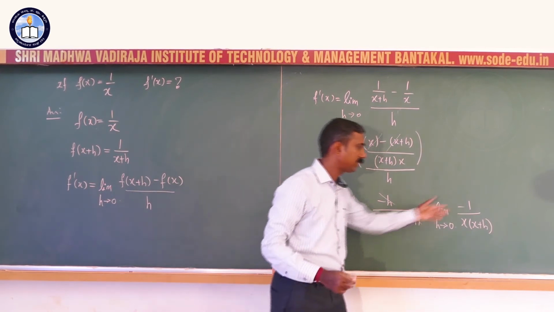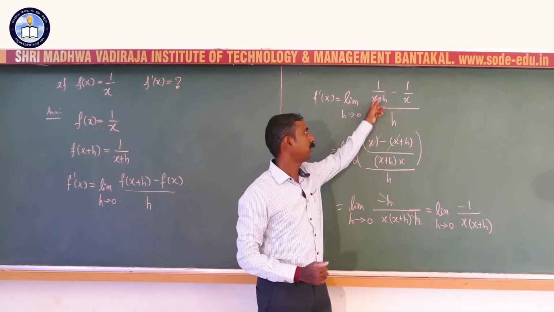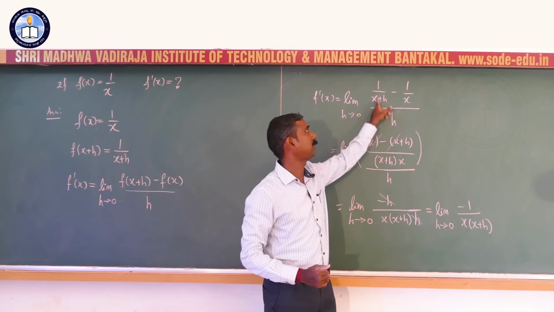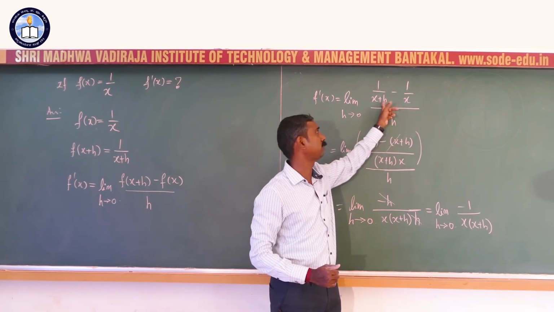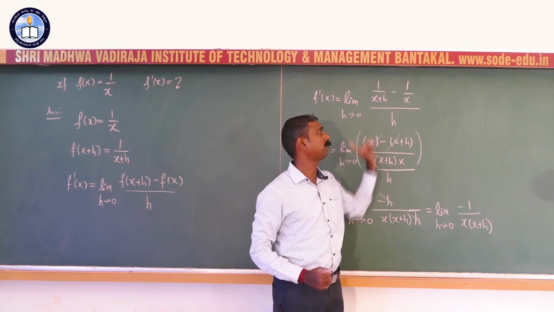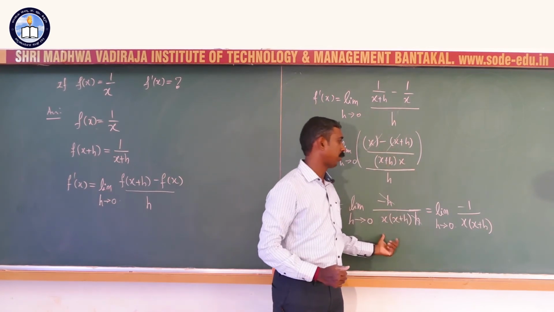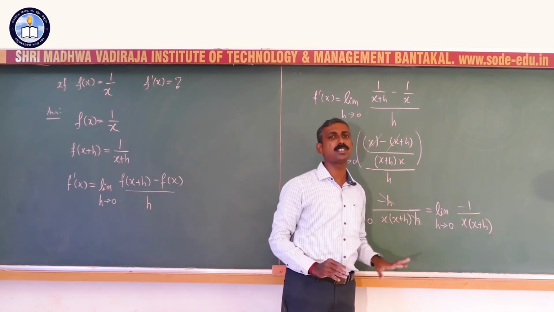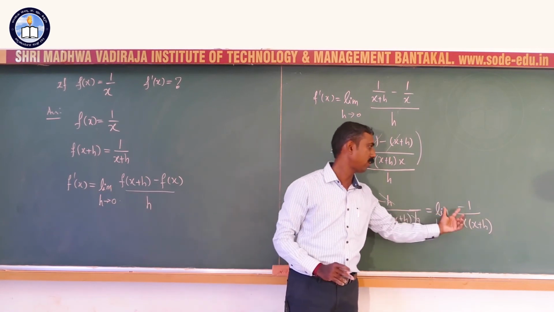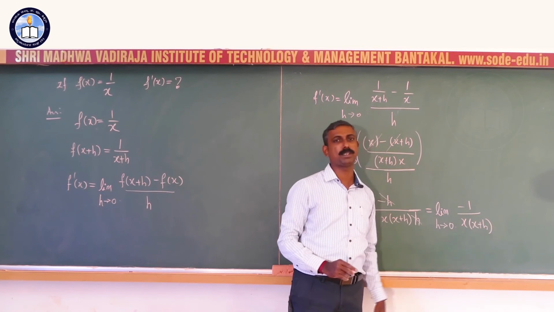We see that this cannot be a 0 by 0 form. This one, yes, it was a 0 by 0 form, because 1 by x minus 1 by x, when you apply h equals to 0, this becomes 0 by 0 form. Now, after this simplification, this is not in 0 by 0 form. Minus 1 divided by x into x plus h.